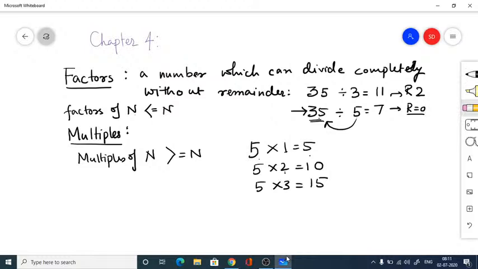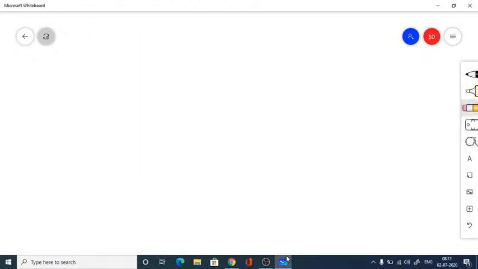Now let's come to odd numbers and even numbers. Although this is not new to you, I will still revise. What are odd numbers?